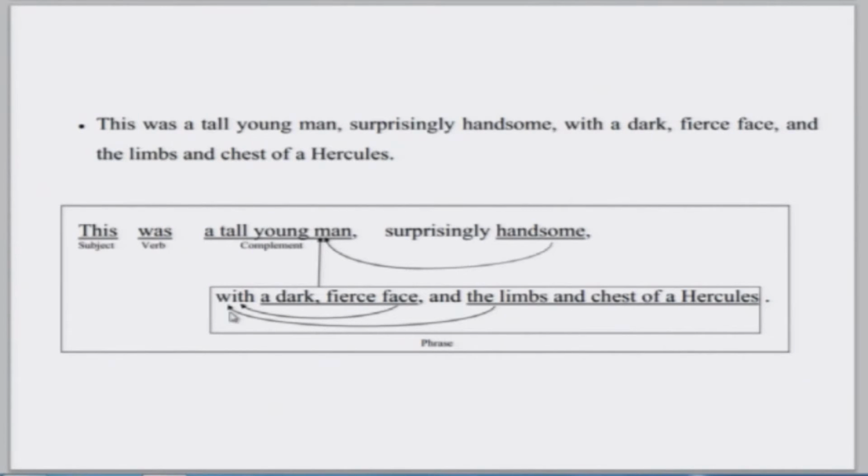This whole thing qualifies this man, which restricts the idea of the man. What kind of man? This man. So, this is also a simple sentence, subject, verb. Only one clause, one subject, one verb, and then other details. This kind of exercise will help you in breaking down a long complicated sentence and understanding its meaning appropriately.